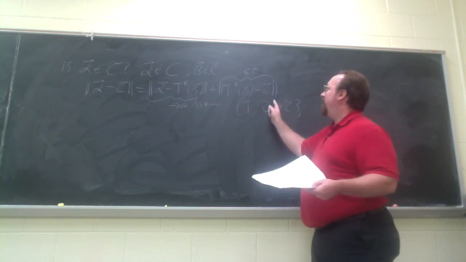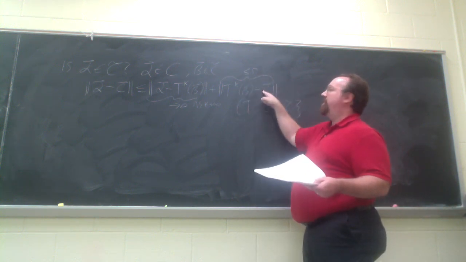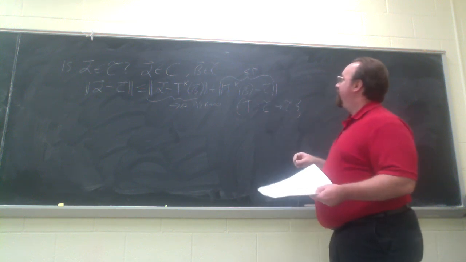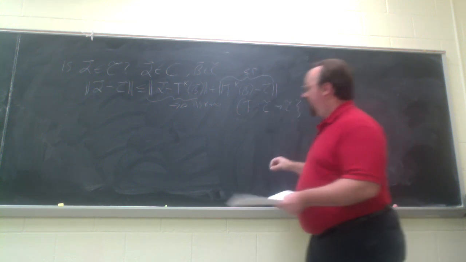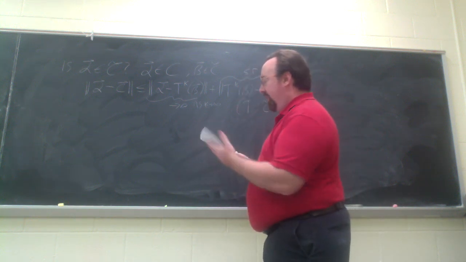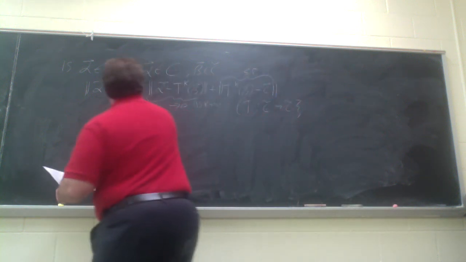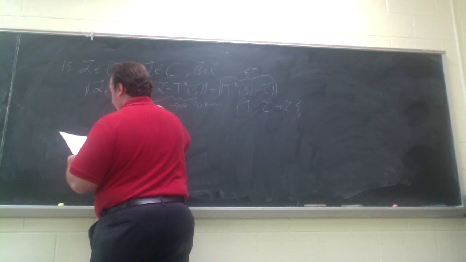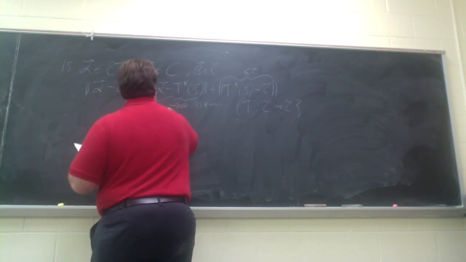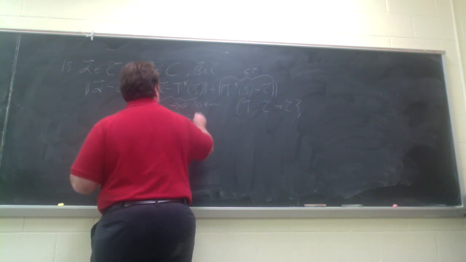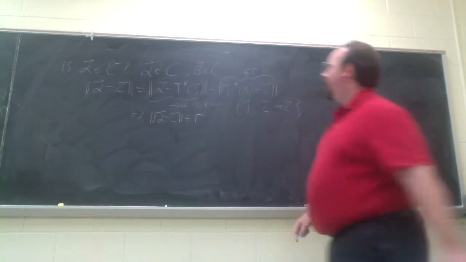We stay in C tilde, so it has to be within r of the center. So what that means is, alpha minus C is less than or equal to r because the rest of it is going to 0.